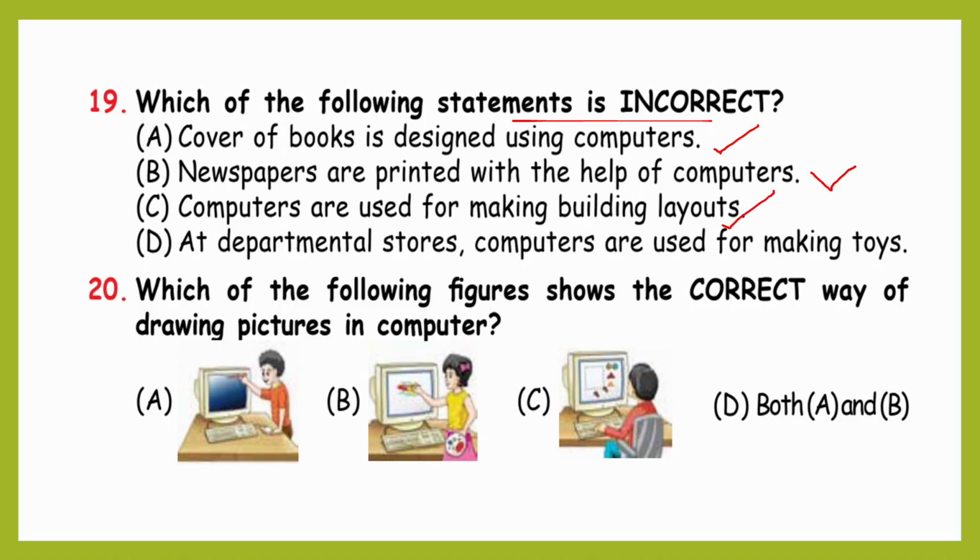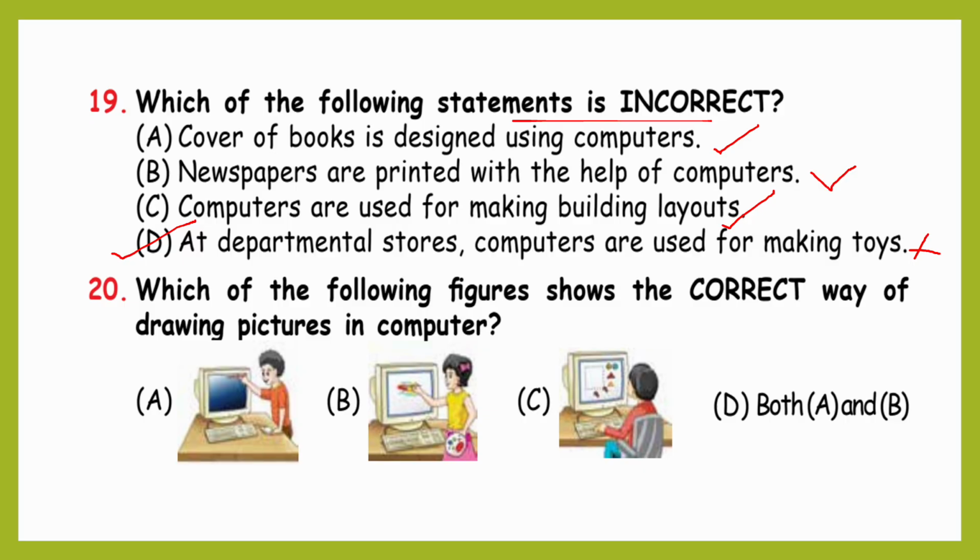Then, at departmental stores, computers are used for making toys. Is it correct? No. So, this is the answer. Option D. At departmental stores, computers are used to keep details of items sold and to print bills, not for making toys.